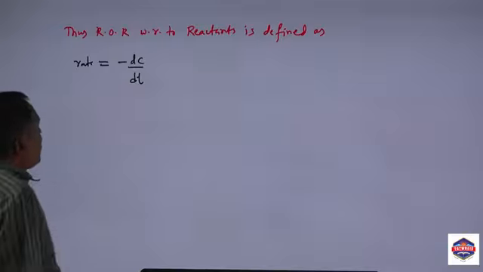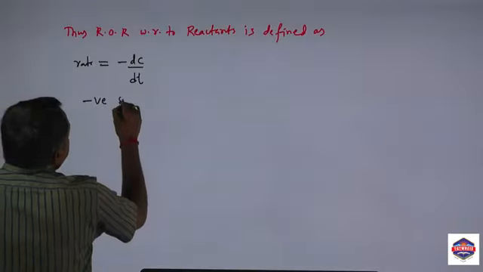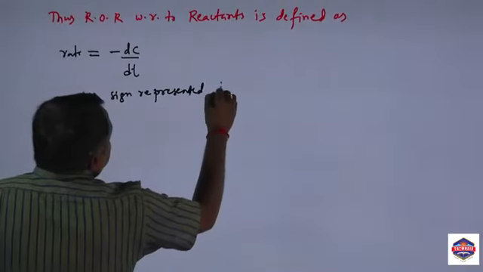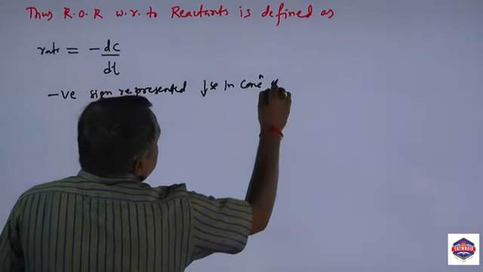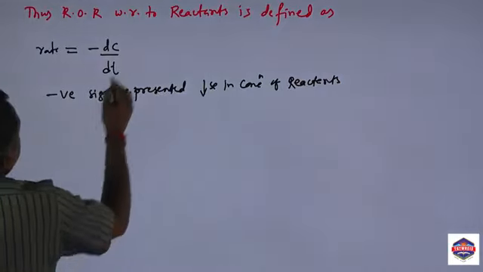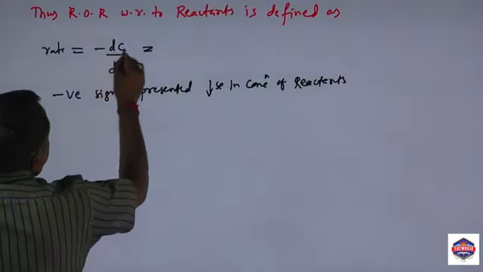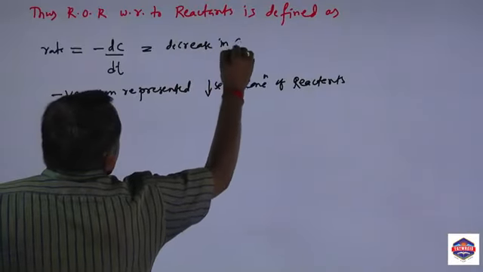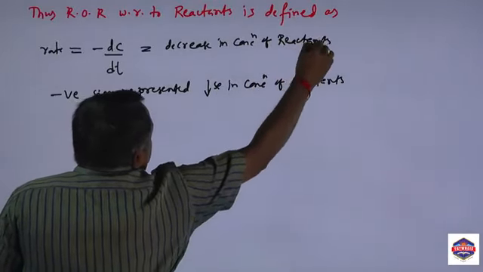Why is there a negative sign before dC? The negative sign represents the decrease in concentration of reactants. So the minus means decrease in concentration of reactants per unit time interval.